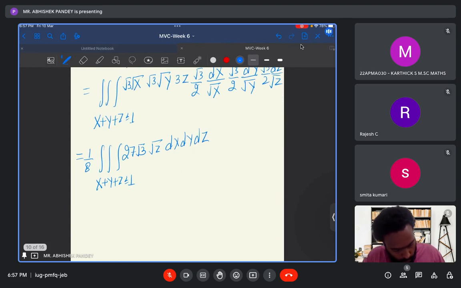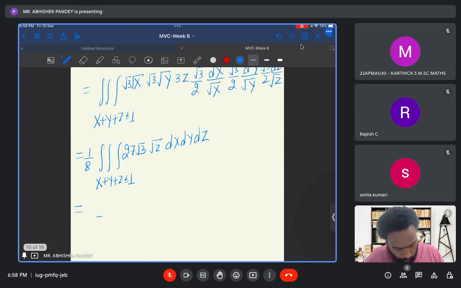So this is nothing but 3 by 2. Okay, so this is nothing but 8 into 27 root 3, x plus y plus z less than or equal to 1.